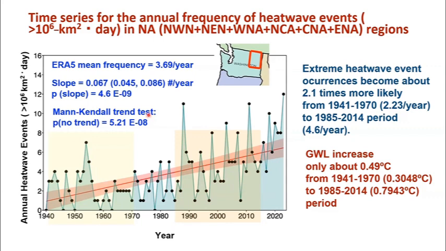But this linear trend is still significant. Taking these two periods again, the earlier is about 2.2 and the later 4.6, again about 2.1 times more likely to occur for these extreme events.